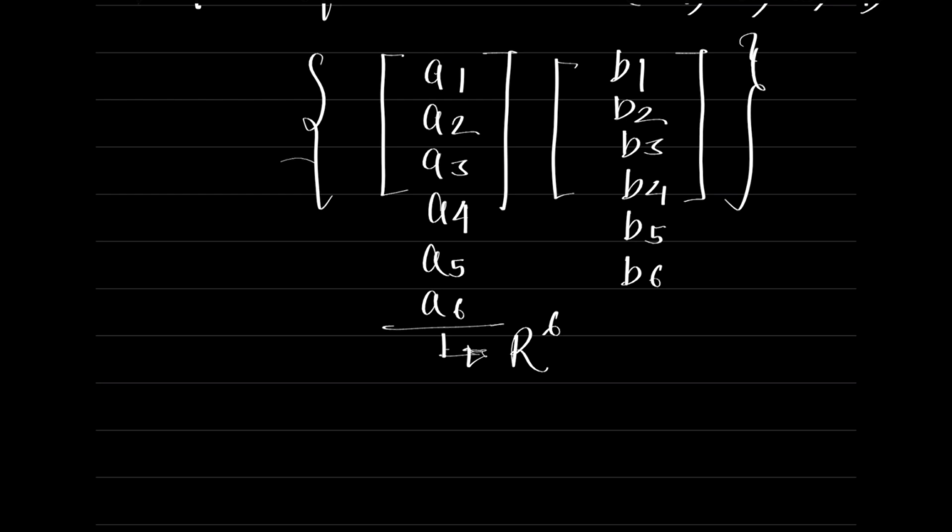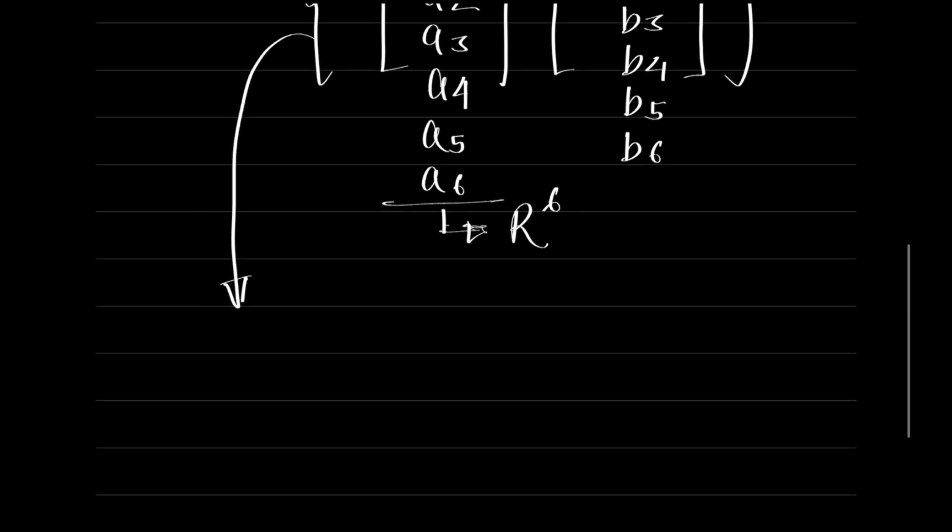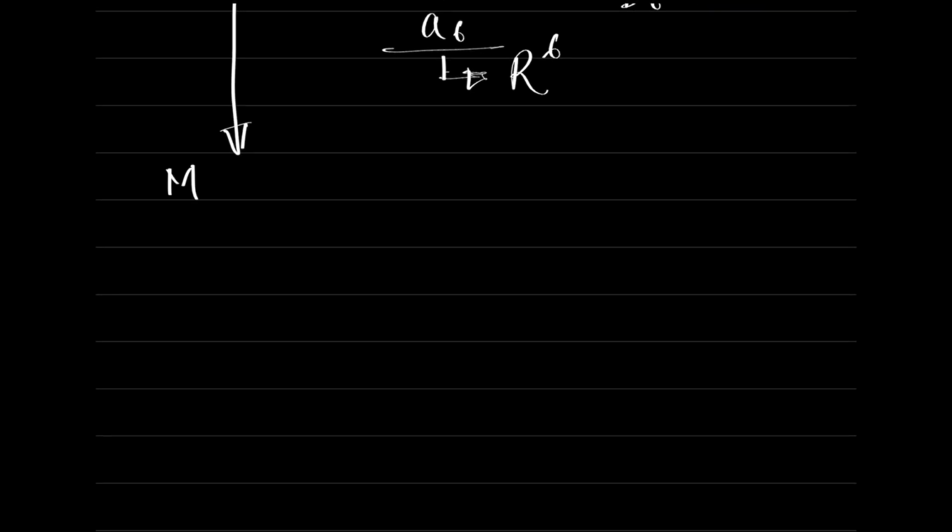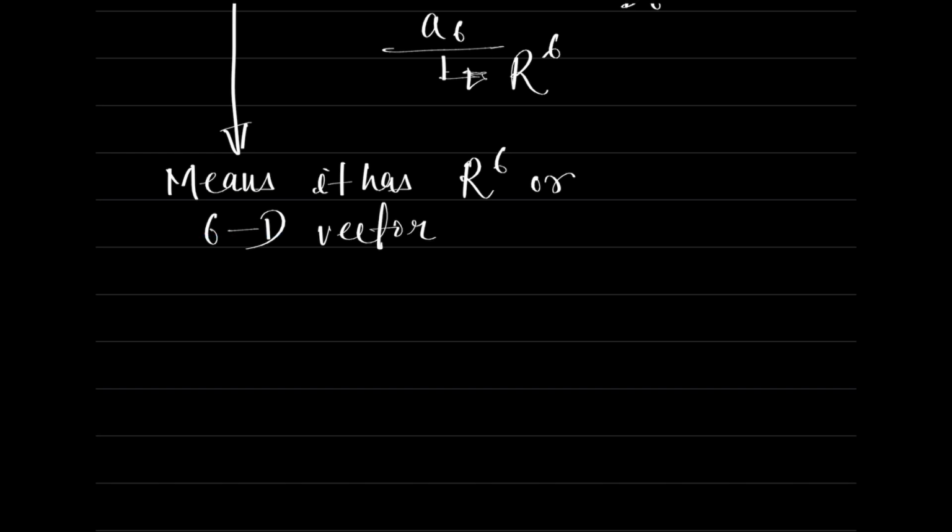In this space our vector has dimension 6, meaning it is R power 6, or we can say a six-dimensional vector space.